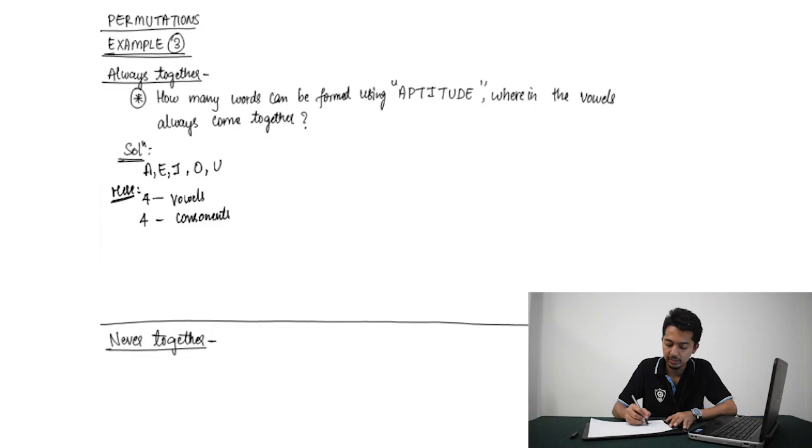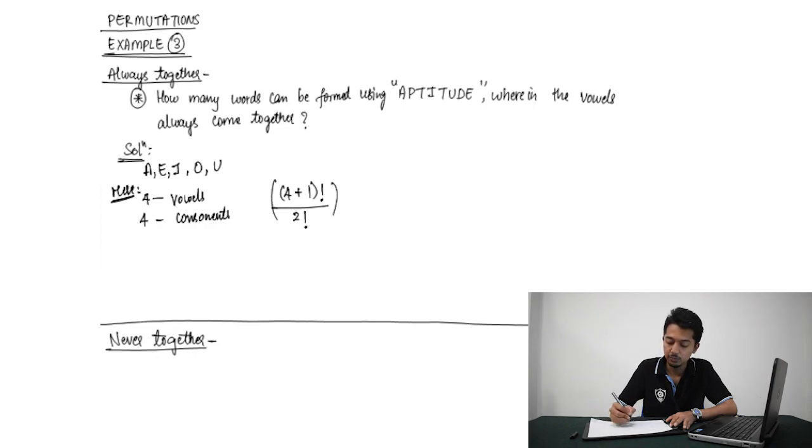So we have a total of 4 consonants plus all the vowels considered as 1, that is 5 factorial, divided by the number of times a repeated letter occurs, that is T is repeated twice, therefore we take 2 factorial.